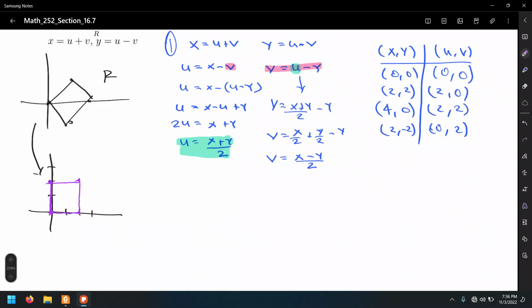So you find a transition matrix to go back and forth, because you will have to even find an inverse of that transition matrix, so you can also go back to the original. So you can transfer a vector from the new world back to the old world, right? To go back and forth.